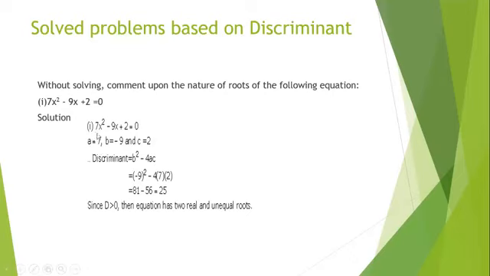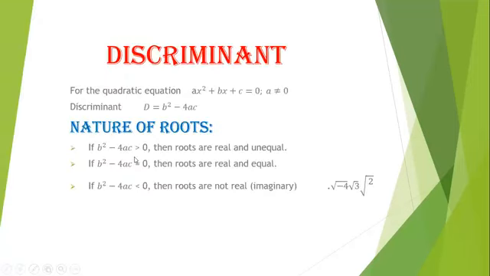According to this question, a is 7. Whatever is the constant of x square is a. So a is 7. Constant of x along with the sign. So b is minus 9 and c is 2. I am comparing it with the general form of the equation.